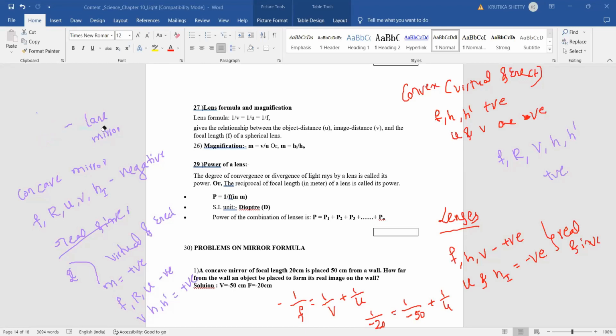If I transfer that, we will get 1 divided by minus 20 plus 1 divided by 50 is equal to 1 divided by this object distance u. Therefore, the object distance u is equal to, just calculate the answer. So you will get 1 by u, convert it to u.